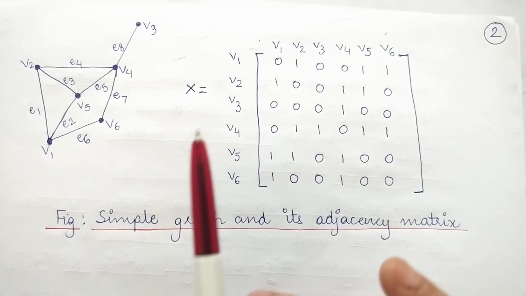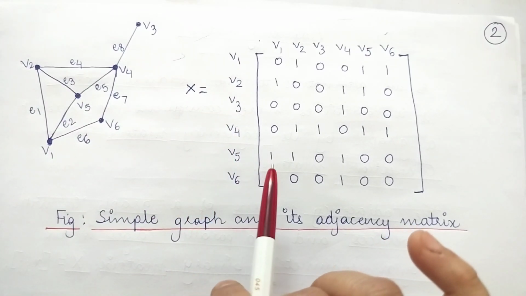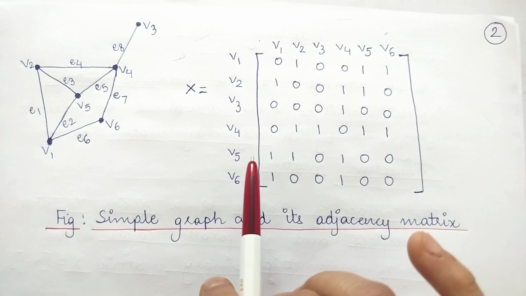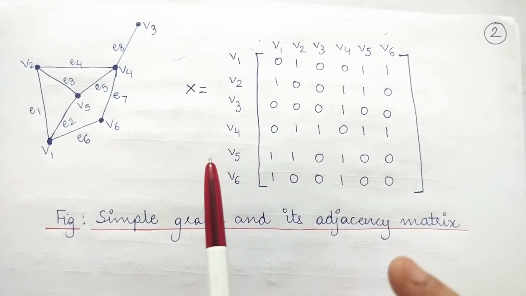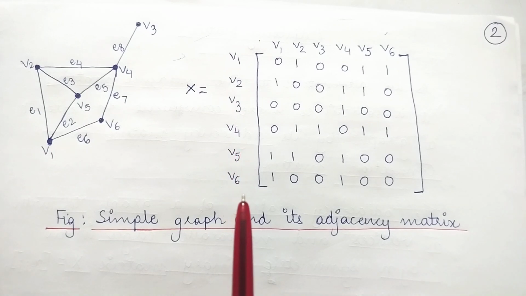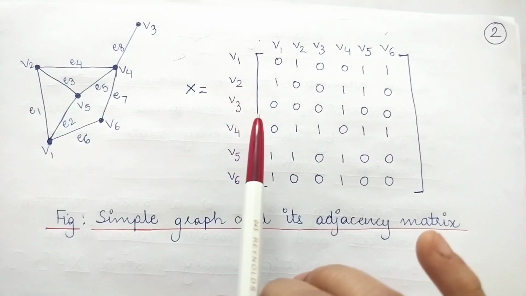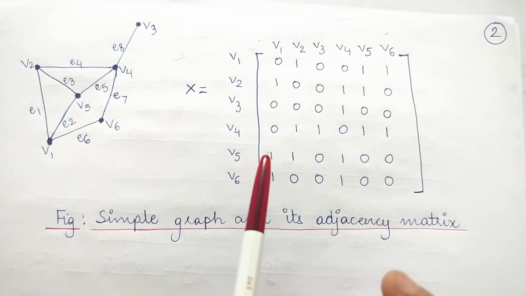That is why we say that the adjacency matrix is an alternate to the incidence matrix. The only difference is that in the incidence matrix, you use both vertices and edges, wherein the vertices are represented as rows and the edges as columns, and here you are taking vertices only, both as rows and columns. But the purpose is the same in both cases.